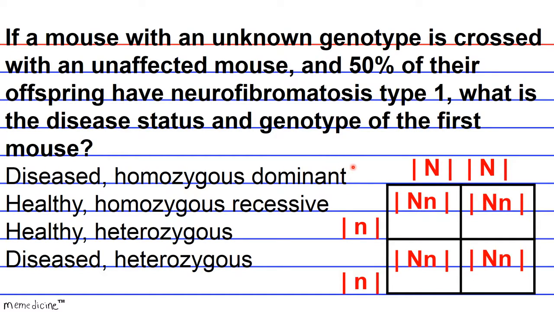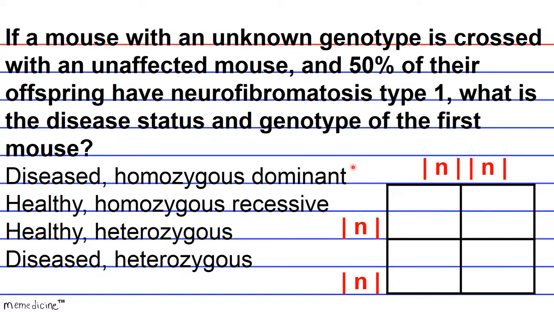As for answer choice B, when a homozygous recessive mouse is crossed with the unaffected, also homozygous recessive mouse, 100% of the offspring are healthy. Okay, they don't have the dominant mutation. All right, now let's look at the test cross with the heterozygous genotype.